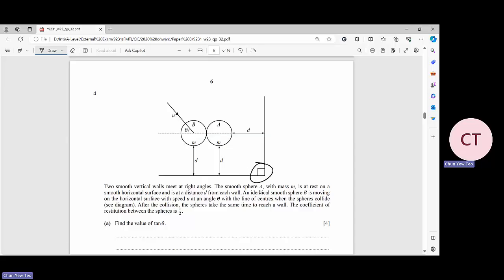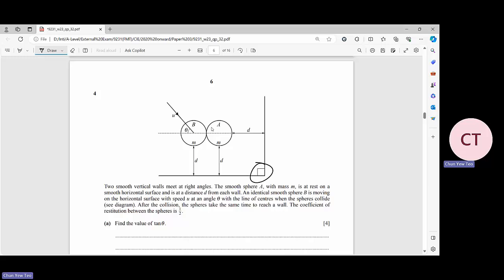The smooth sphere A with mass M is at rest on the smooth horizontal surface and is at distance d from each wall. An identical smooth sphere B is moving on the horizontal surface with speed u at an angle theta with the line of centers. After the spheres collide, the spheres take the same time to reach the wall.